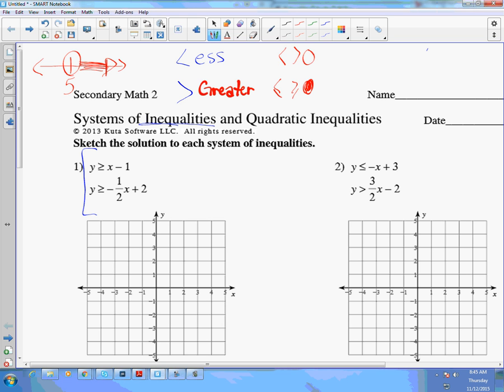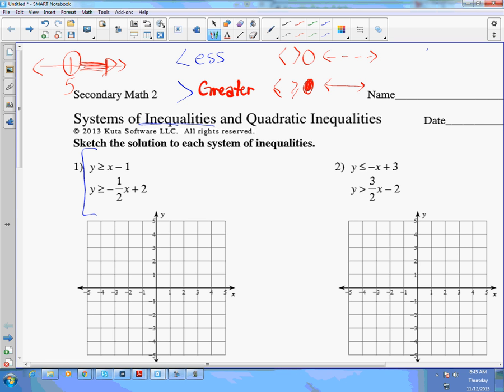Equal to. Something similar happens with two-dimensional graphing. Instead of a solid line, we do a dotted line for the open and a solid line for the fill. Okay, dotted, solid. So let's go through number one.